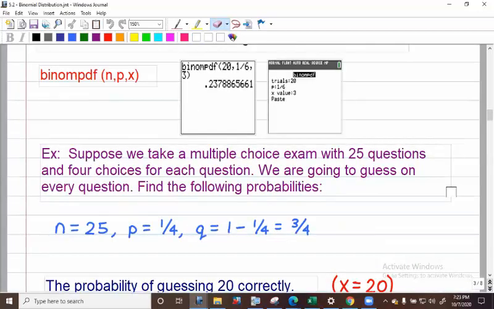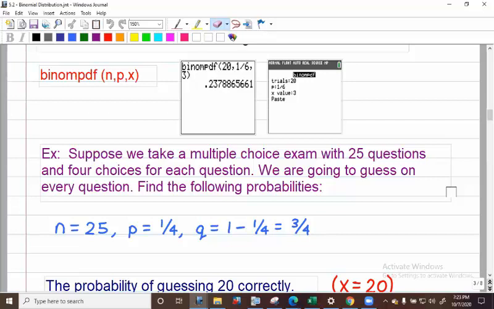let's say we're going to take a multiple choice exam with 25 questions and 4 choices for each question. That's very important for a multiple choice exam to be binomial, using the idea we're just guessing. In other words, no knowledge whatsoever. You could just randomly fill out a scan. You don't even need to see the test, because you're not using any knowledge or anything.